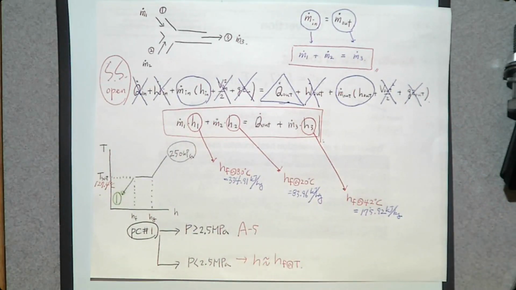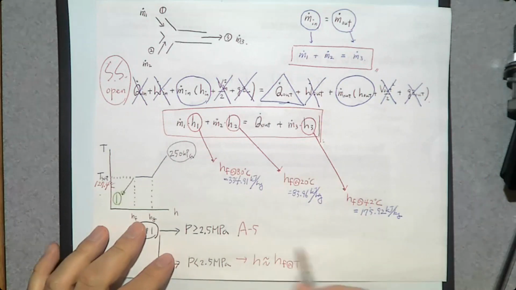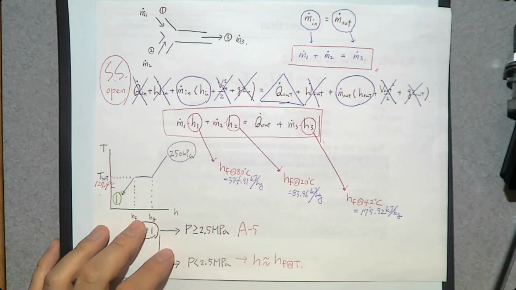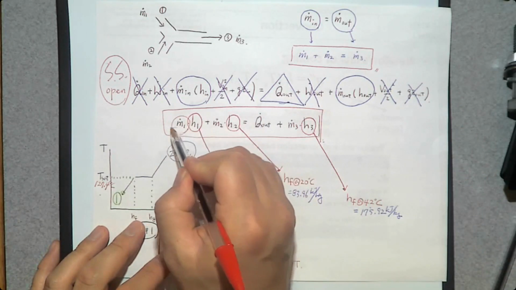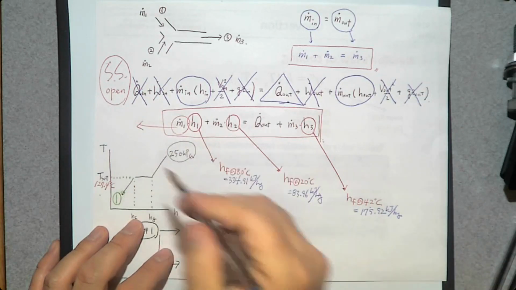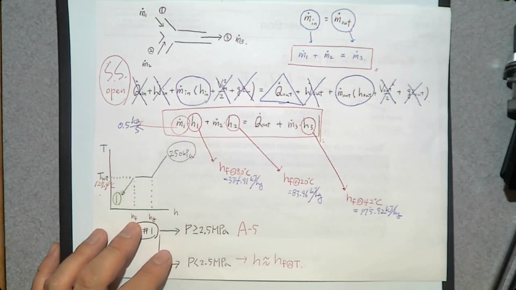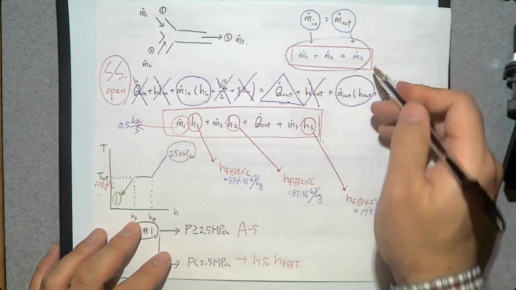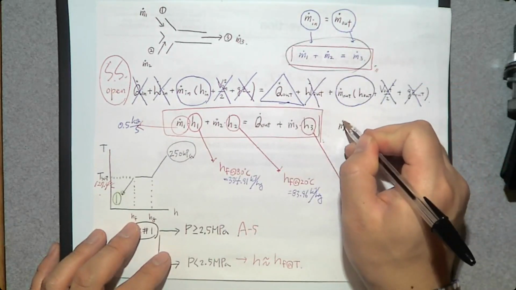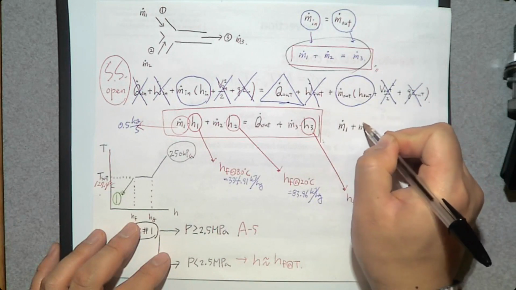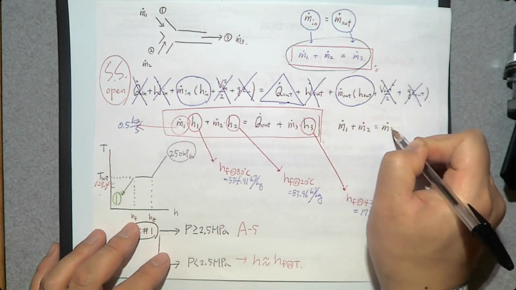Now, at inlet number 1, the mass flow rate is 0.5 kilogram per second. And we have one more governing equation. m dot 1 plus m dot 2 is going to be m dot 3.